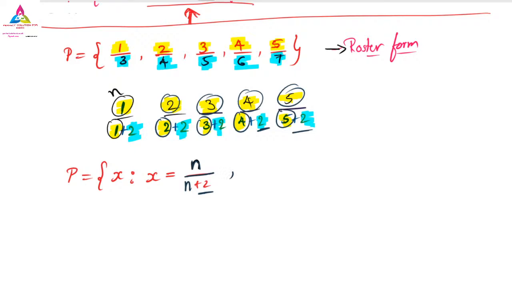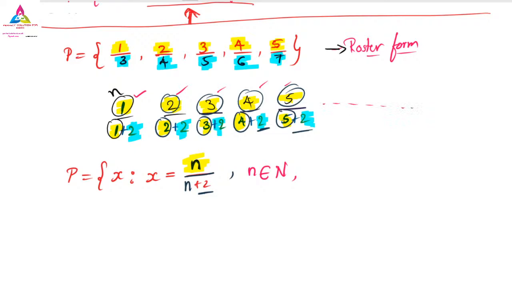So next, what does this n refer to? Here the n refers to belonging to capital N, which means it is a natural number. All are natural numbers. 1, 2, 3, 4, 5 are natural numbers. But till where? Is it a continuation?